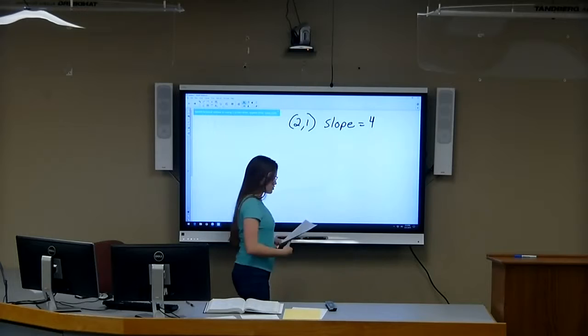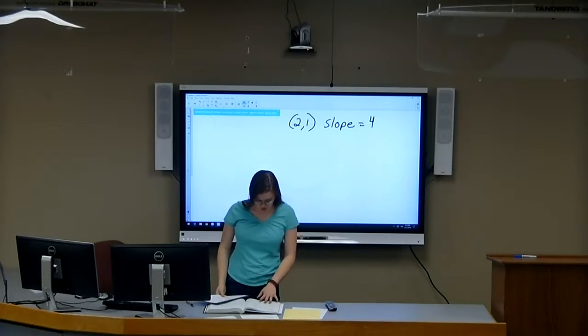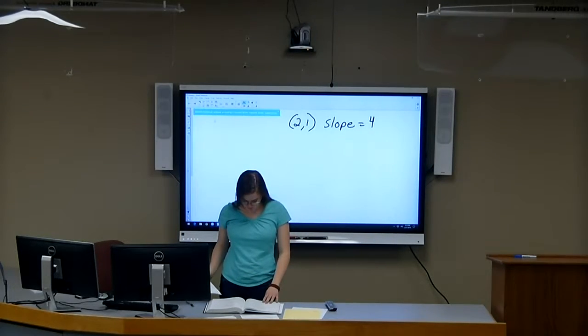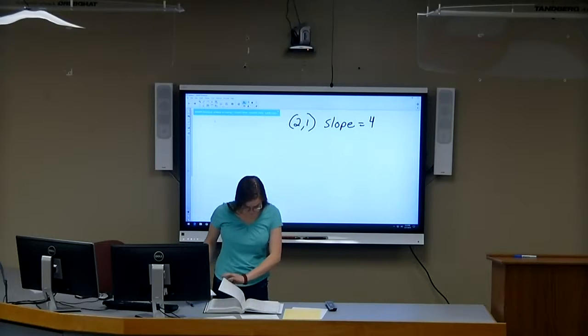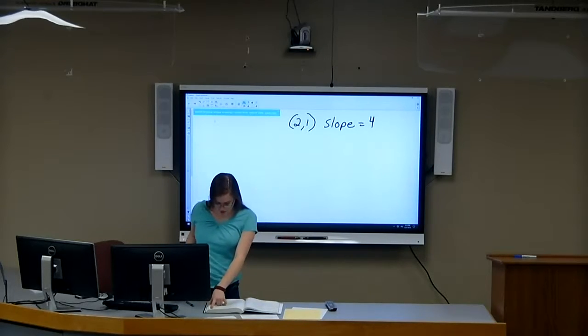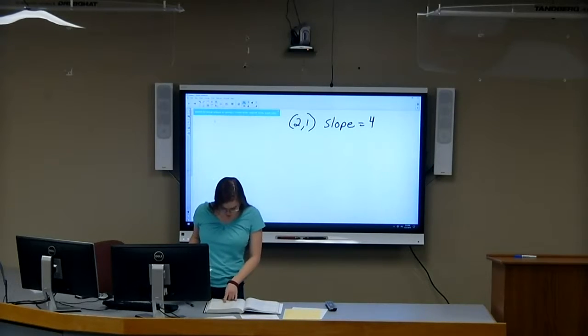Okay, so to use this information to do point slope form, you're going to need to know what's in the book. You're going to need to know the information on page 171. Sorry about that.